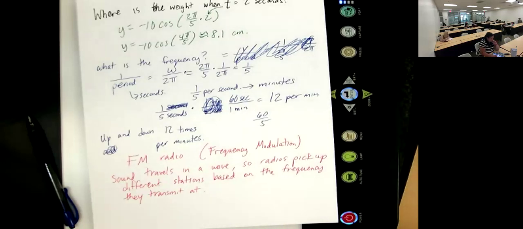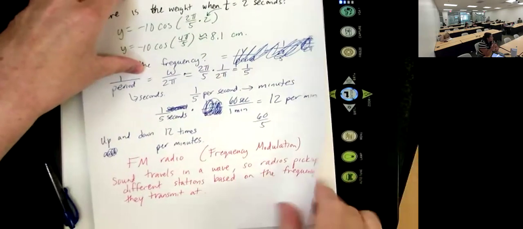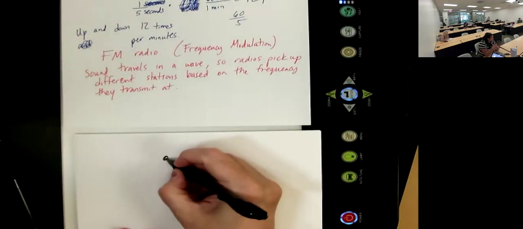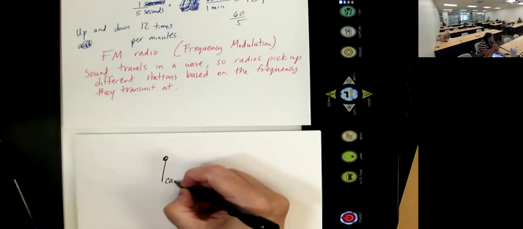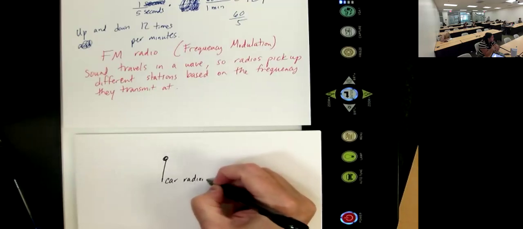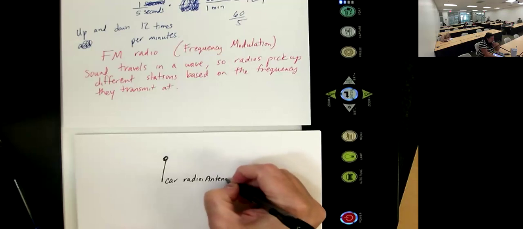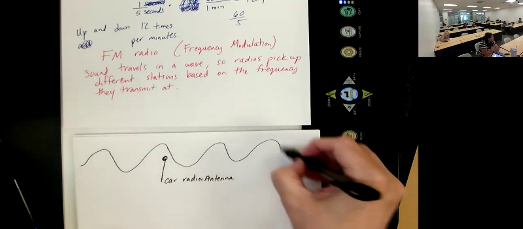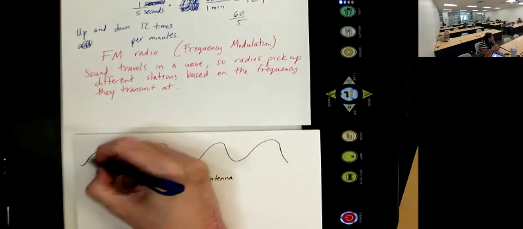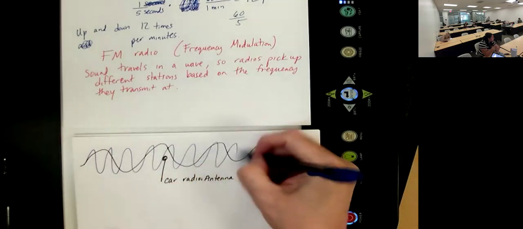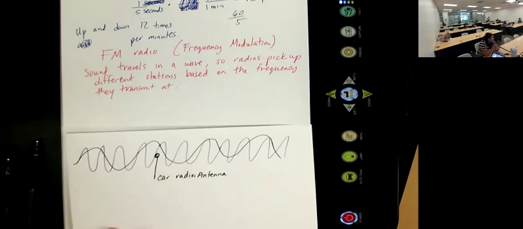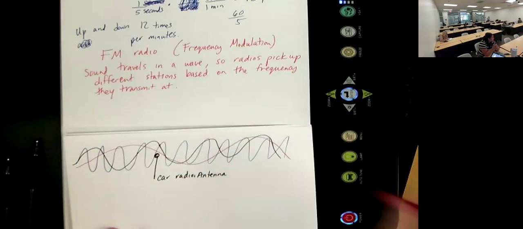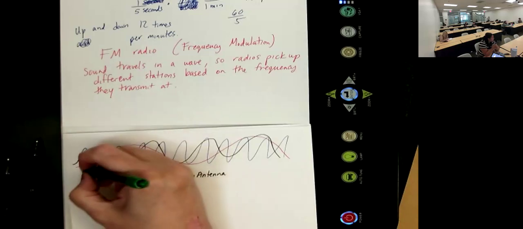Like your radio, your antenna on your car radio. It's getting hit by sound waves that are like this, and ones that are super slow, and ones that are super fast.